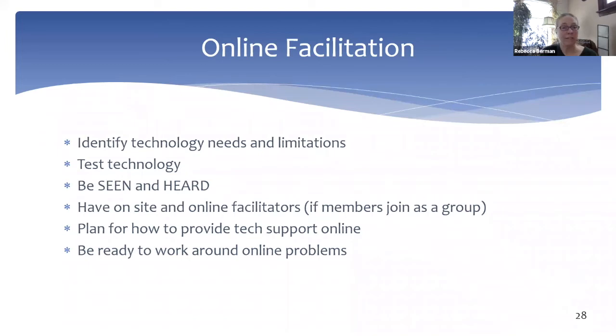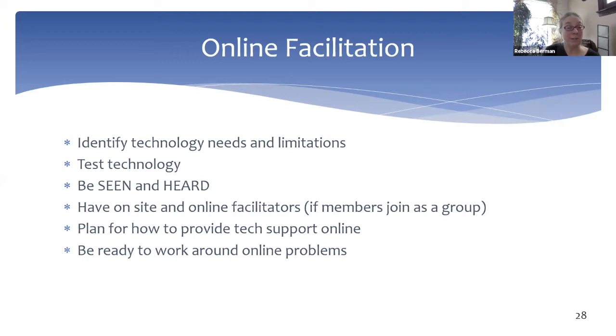So you need to be aware of that ahead of time, and whoever's doing the technology needs to test it in the location that it will be used. I think the most critical thing is for everyone to be seen and heard. And I know a lot of the members of our research advisory boards really want to see the researcher as a big visual, but they also want to be able to see other members if they're all online.